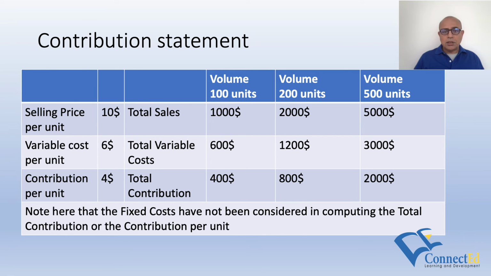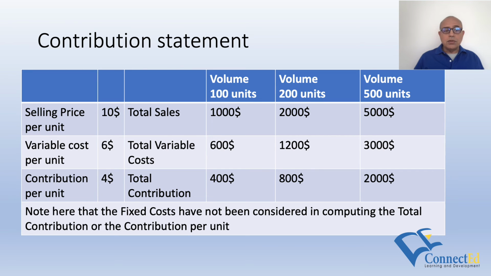Maybe the selling price is likely to go down, and that may well be the case. But the point that we are trying to make here is that under an assumption that the selling price per unit and the variable cost per unit do not change, changes in volume are likely to see proportional changes in contribution. A doubling of volume sees a doubling of the contribution.